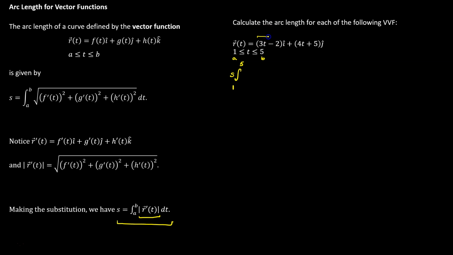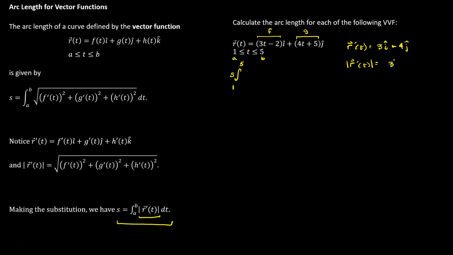So let's call the function in front of i hat f, and we'll call the function in front of j hat g. So that would make r prime of t equal to 3 i hat plus 4 j hat. And then to finish our formula, I need to take the magnitude of that first derivative.